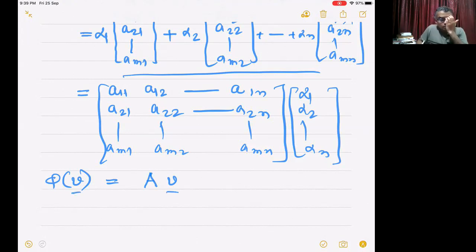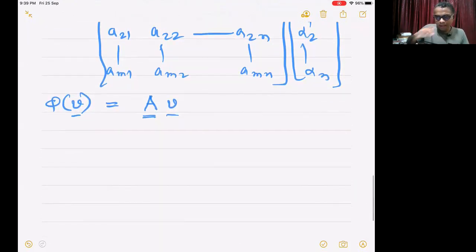And this V is arbitrary. So that means this representation that I have of phi in terms of this M cross N matrix A works out for every vector V. It is not that it works for some specific vectors V, it works for all. So therefore, this represents the linear map phi completely. This A is a matrix representation of this linear transformation phi.